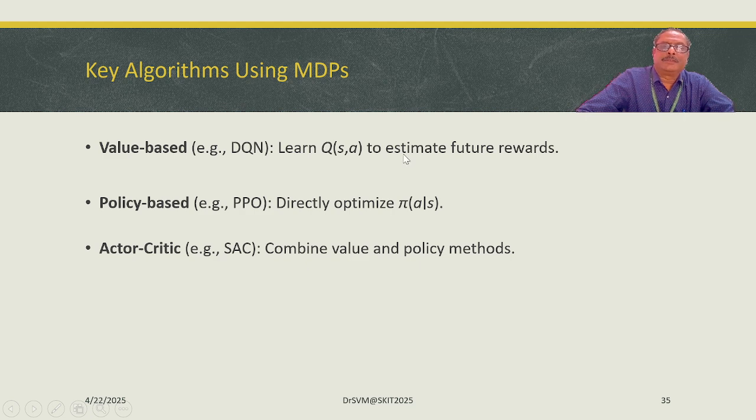Here we learn to estimate the future rewards at any given state-action pair. Whereas policy based methods directly optimize the policy, and actor critic is a combination of value based and policy based.